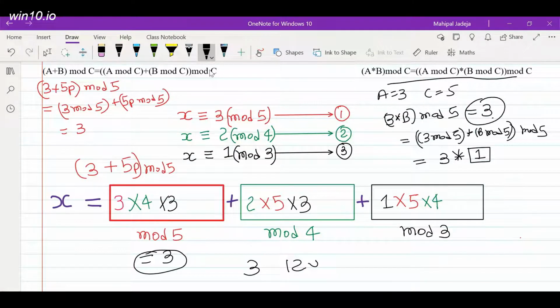So I will multiply 12 with some other number, let's say y, such that if I take modulo 5 with respect to it, this 12 times y is nothing but my b, and I have generated b in such a way that if I perform b mod 5, then I will get 1. So how to generate this y? For that purpose, we already know the concept of multiplicative inverse. If you don't, then you can watch my video related to it.